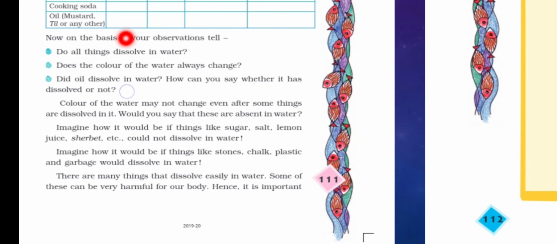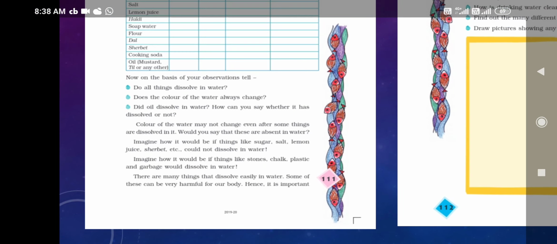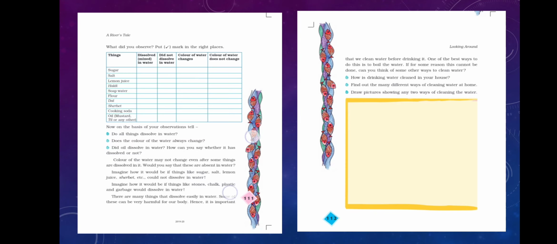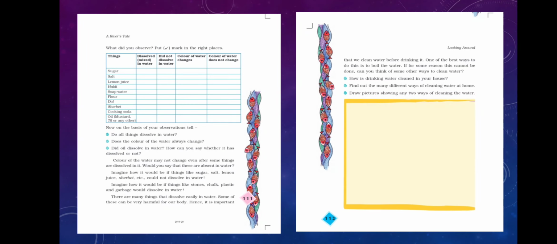On the basis of the observation we have already done: what other things easily dissolve in water, does the color of the water always change, does oil dissolve in water, how can we say whether it is dissolved or not. So these are the several questions asked there. We have to answer these gradually. So let's see the answers.